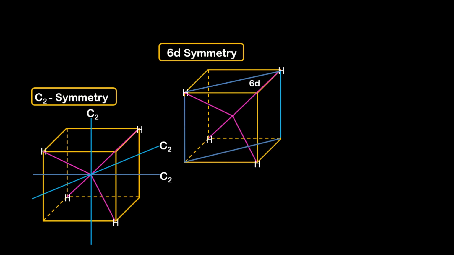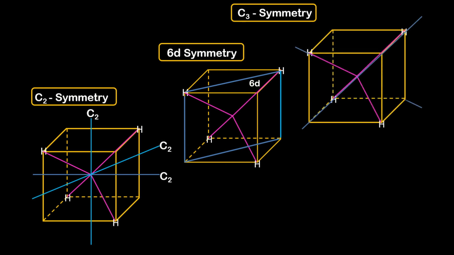Next, the C3 rotational axis. These are 1, 2, 3 and 4. Total 4 C3 axes are present in the methane molecule.